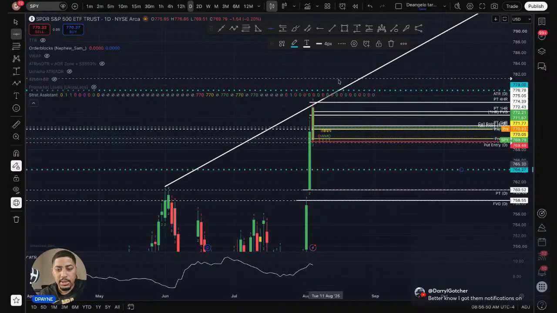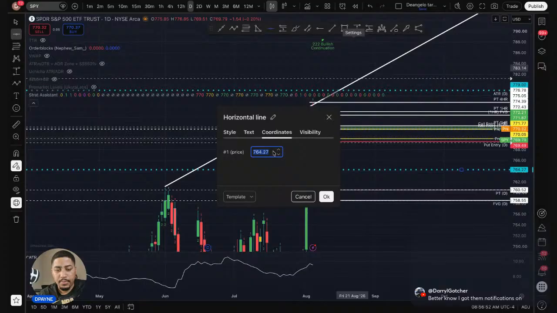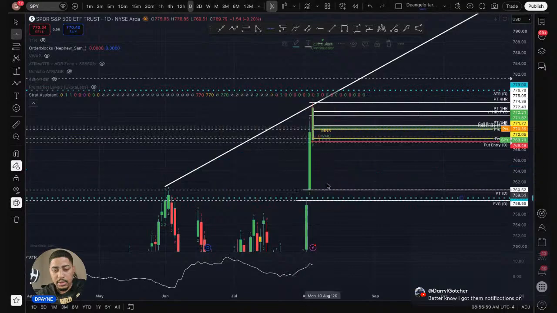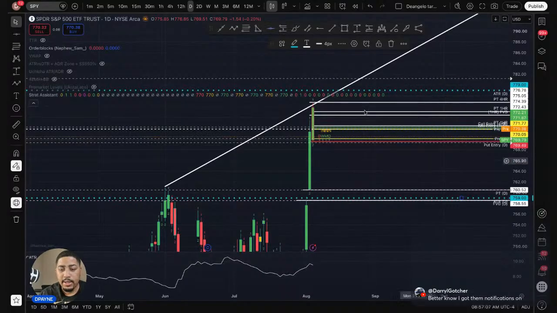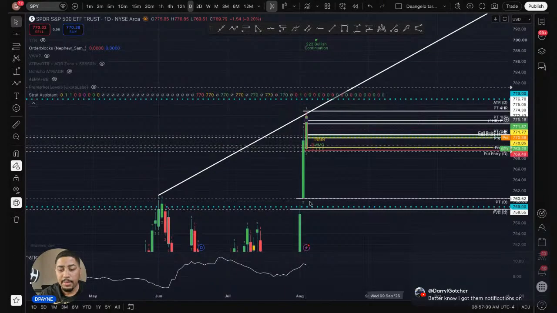They can get as low as 659. 769, I'm sorry, 759. Sorry. So these are the ranges that they can do today. So they can come down here today. But that's what I got for you as far as the SPY.